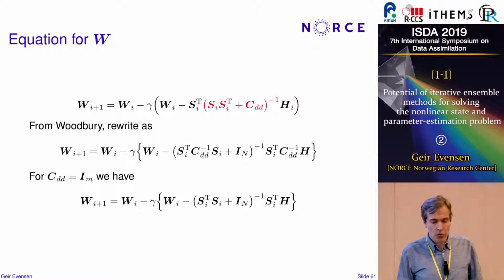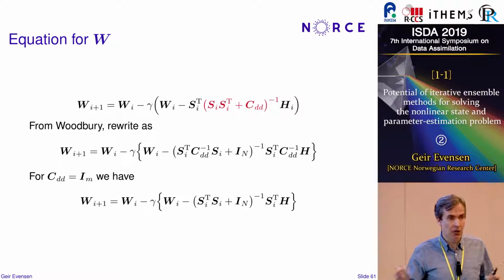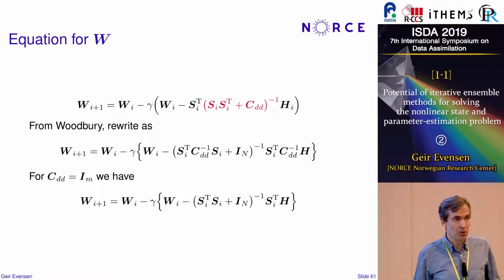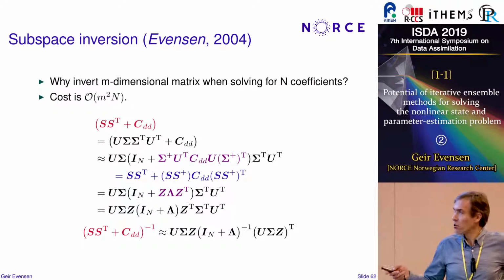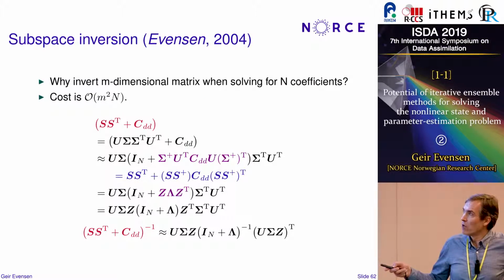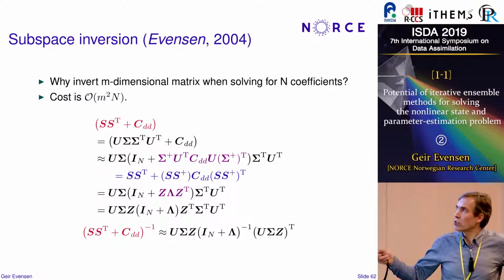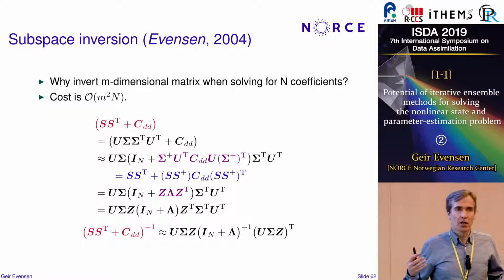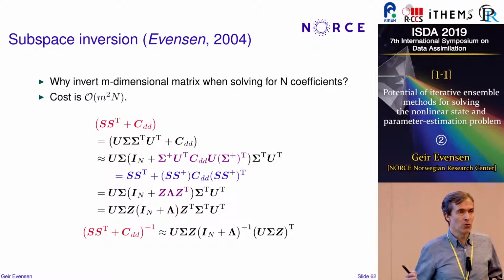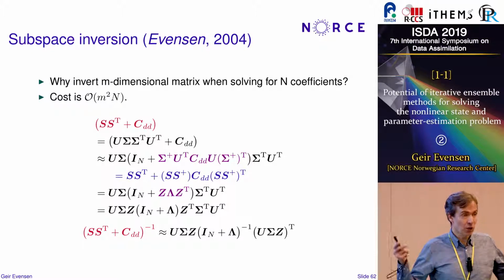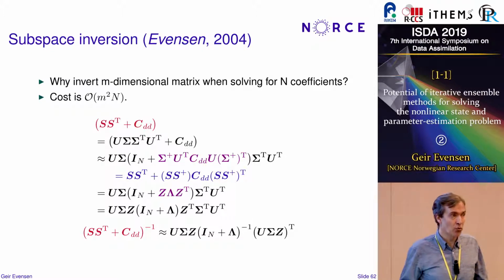What I want to do is to solve this problem, allowing for general representations of the measurement error. And then in 2004, we published a scheme where I wrote this question here. Why are we inverting a matrix with the size of the number of measurements, when we only want to solve for 100 coefficients, the number of realizations? Because that's what we are doing, and it's not clear that we have to do that.